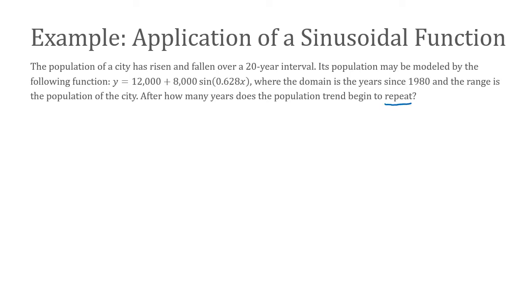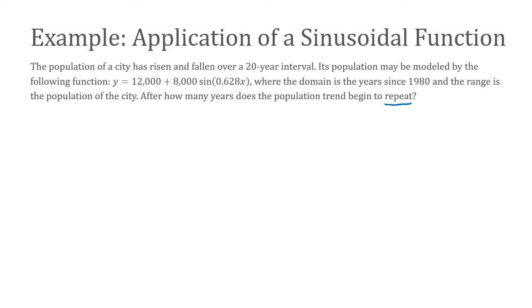Okay, so what you have to do in order to answer this question is think to yourself, which of the things that we've talked about have to do with repeating? We've talked about amplitudes, which would give you maybe your highest population or your lowest population, your midline, which would be maybe the average or the middle population.